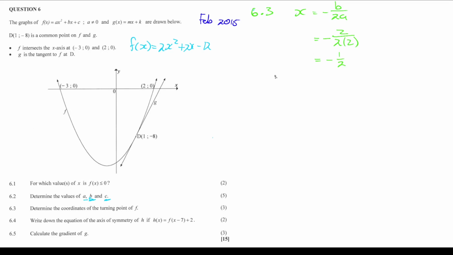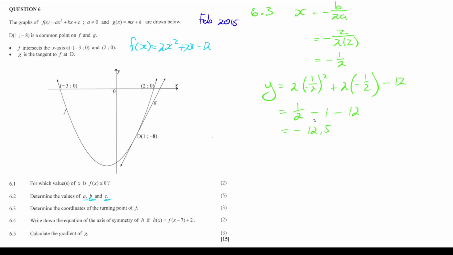I'm going to substitute that into my original equation. y equals 2 times (-1/2) squared plus 2 times (-1/2) minus 12, which is 1/2 minus 1 minus 12, giving me -12 and a half.